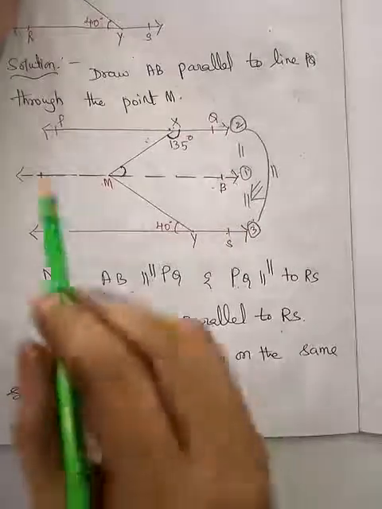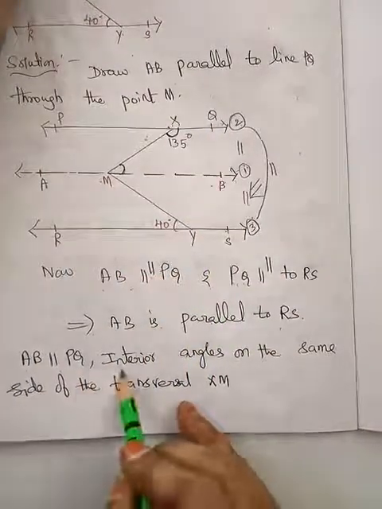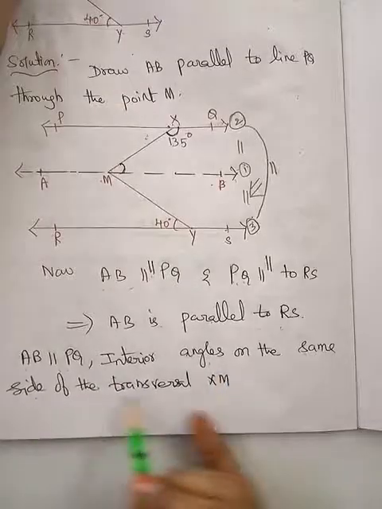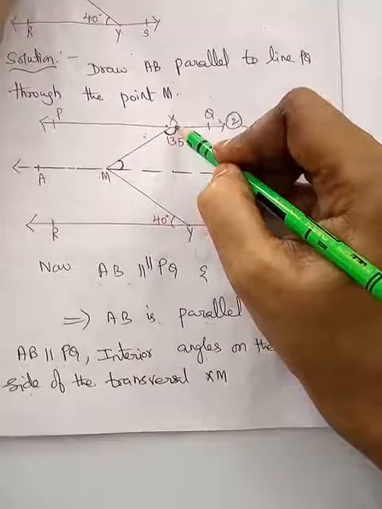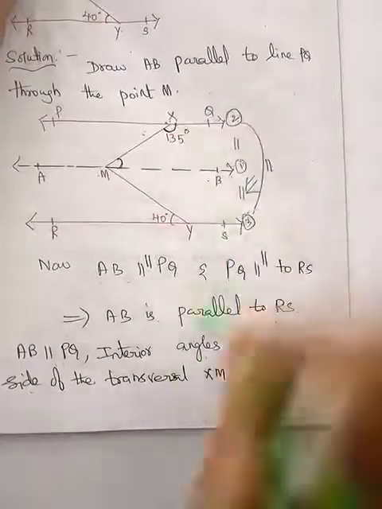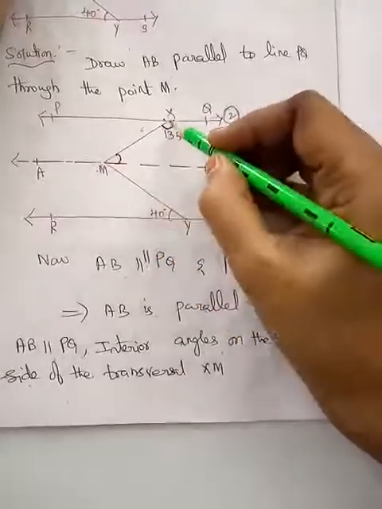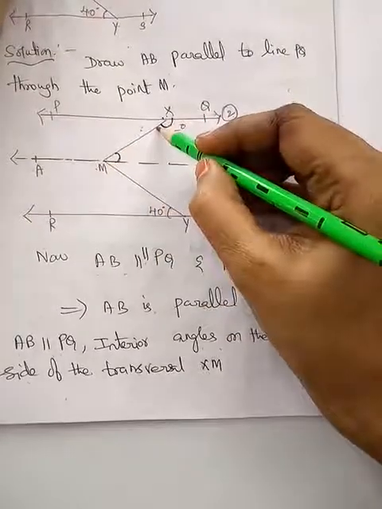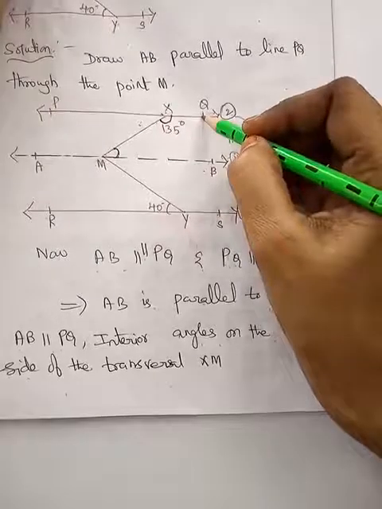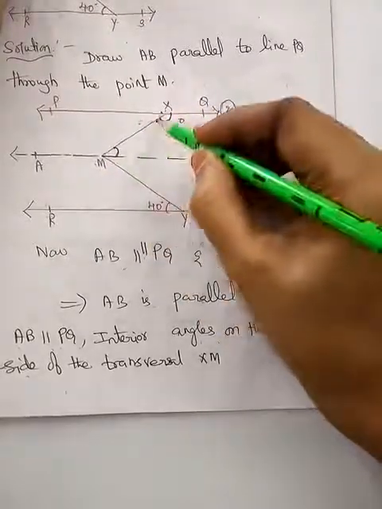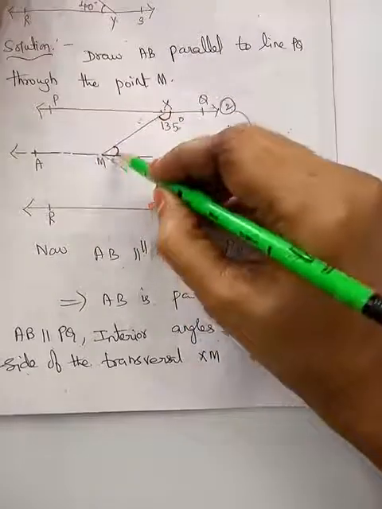Now AB is parallel to PQ. Consider the interior angles on the same side of the transversal XM. XM is a transversal. The interior angles are angle QXM, this is one of the angles, and angle XMB, this is another angle.